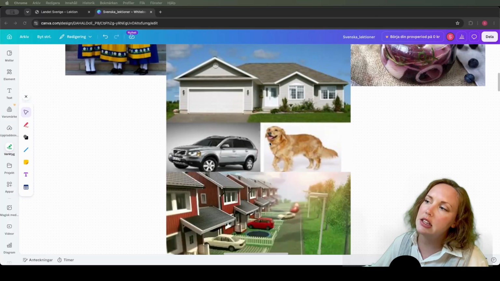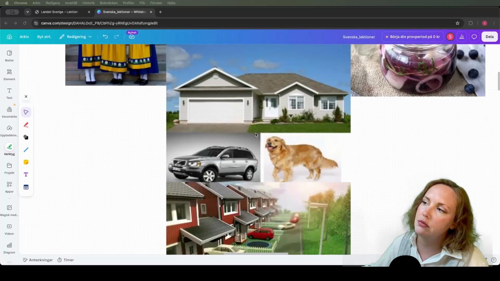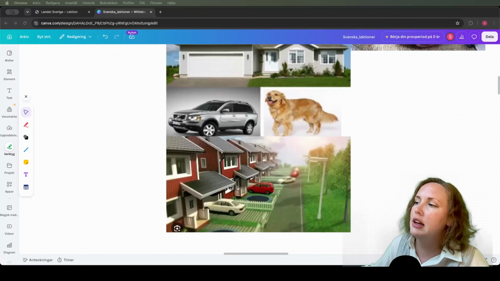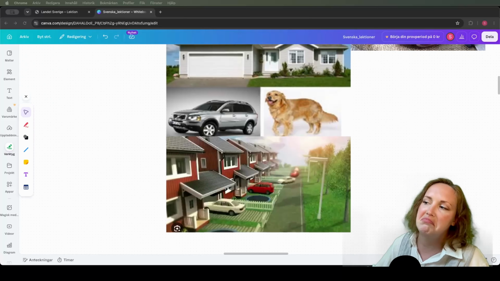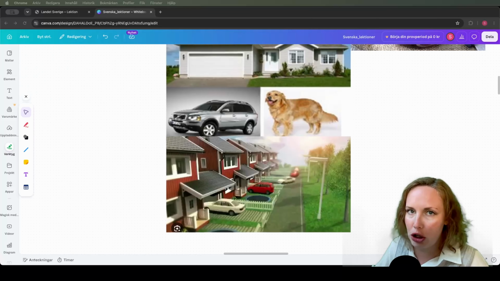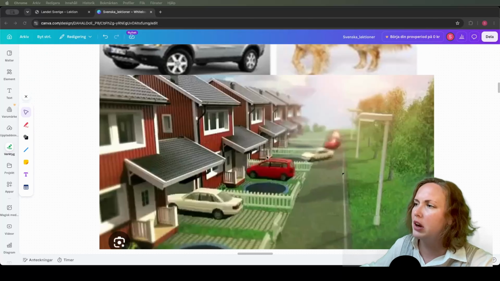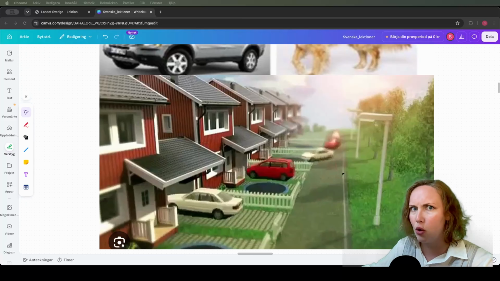These last ones here belong together. All of these pictures. We have a villa or a house. We have a car, Volvo, that is. Dog, golden retriever, and what looks like some kind of suburban stuff going on. And also these red houses again. The red car looks like it's kind of flying there, so I guess that also adds to the mystery somehow.